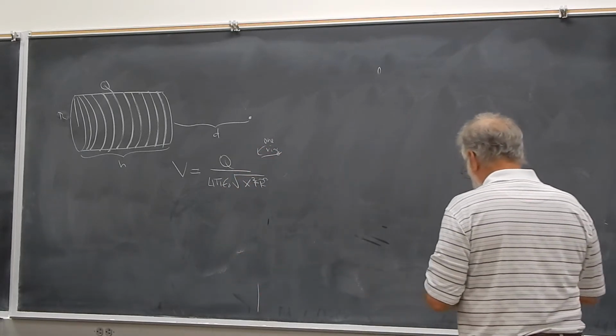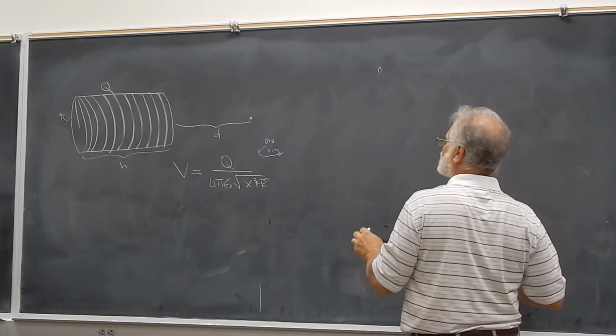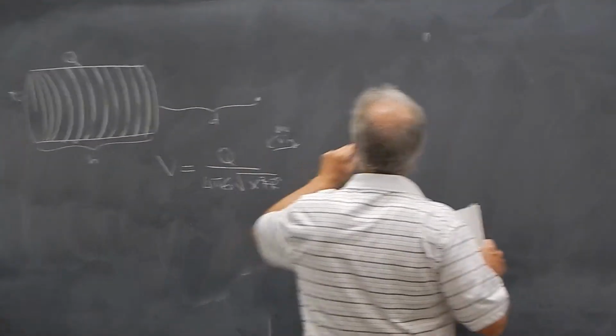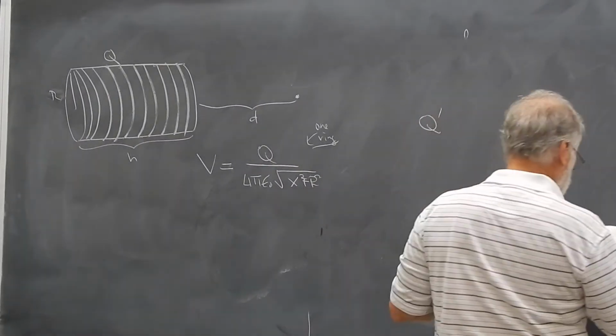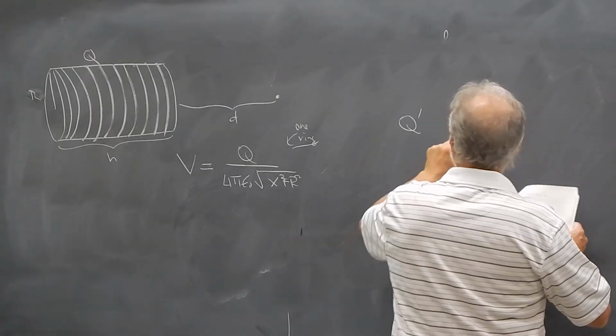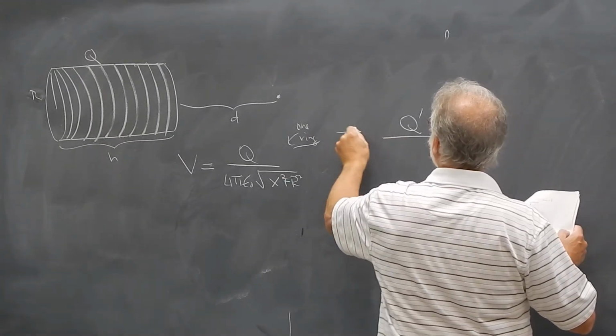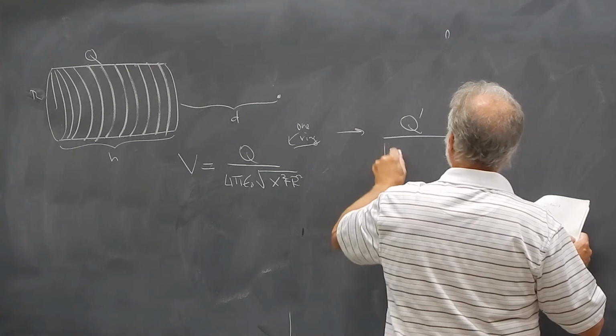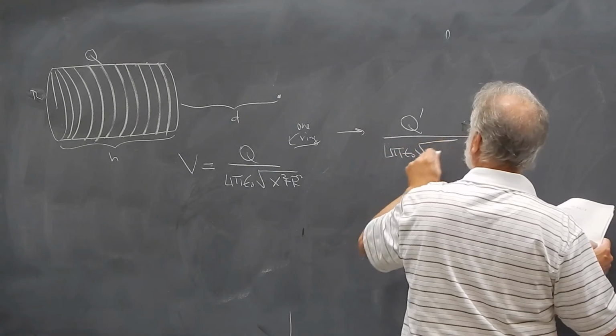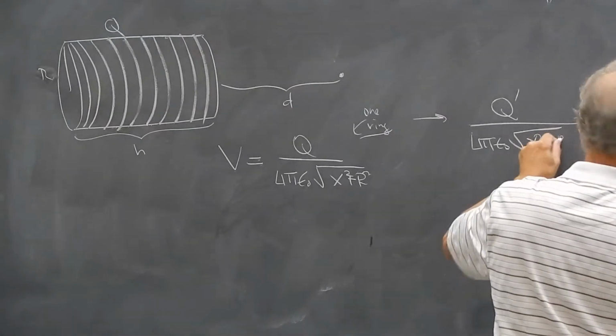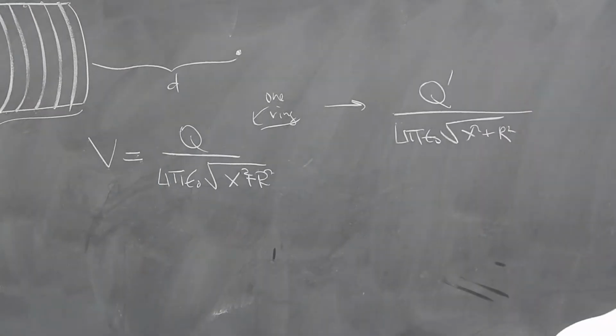Let's rename our variables. Let's say that the charge of one ring now is Q prime. That means the potential for one ring would be Q prime over 4 pi epsilon naught square root x squared plus r squared for that one ring.